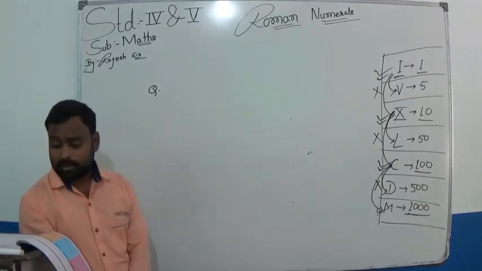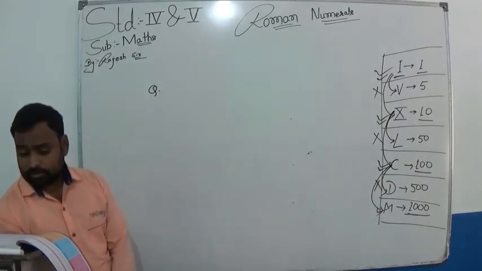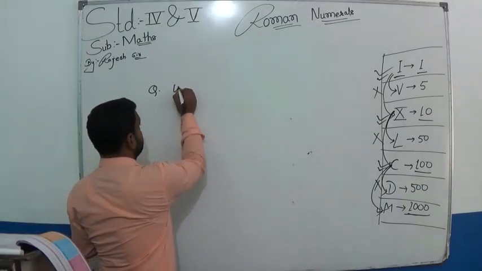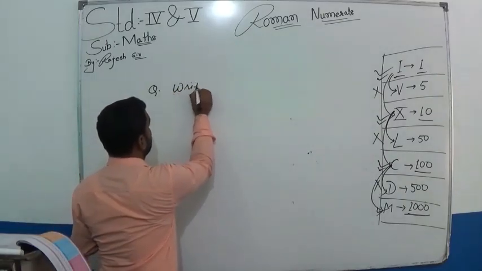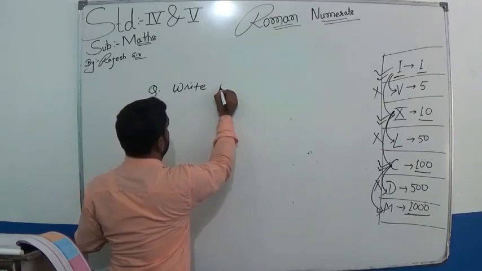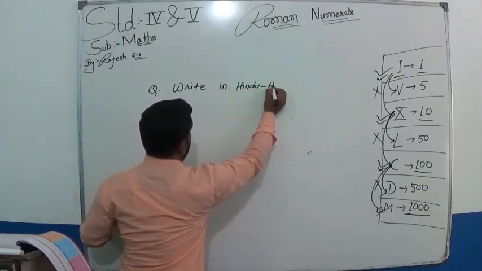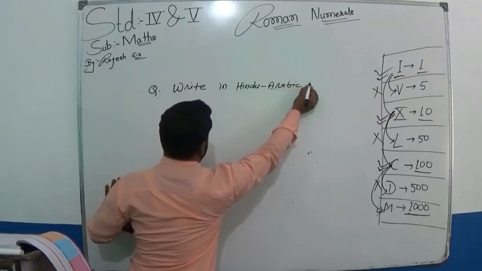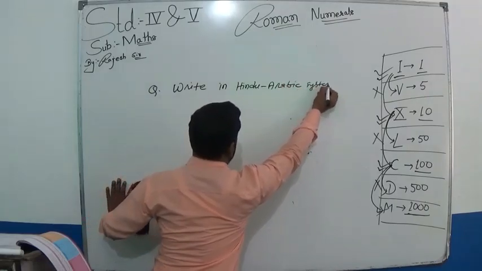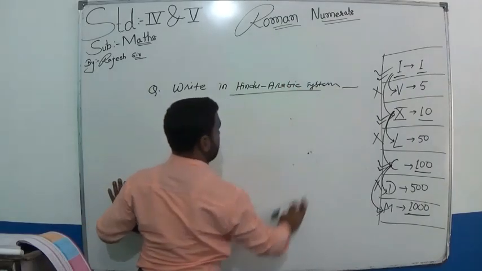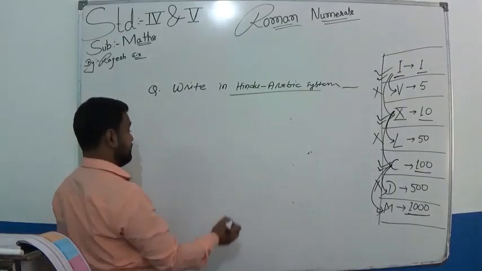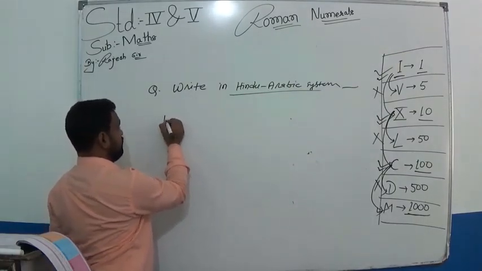You can be asked the reverse of the first type: to write the given Roman numerals in the Hindu Arabic system.